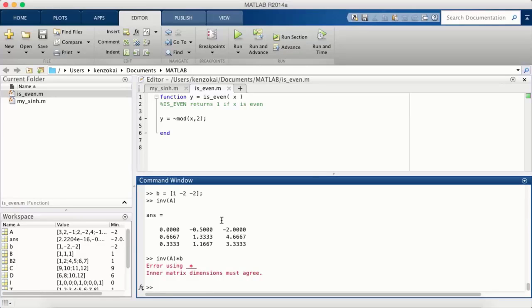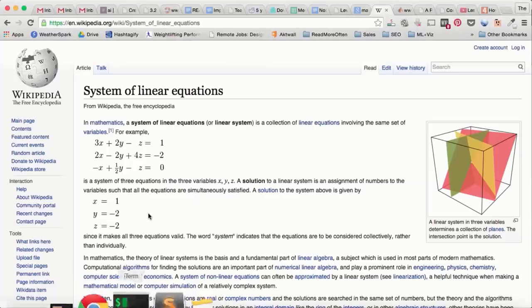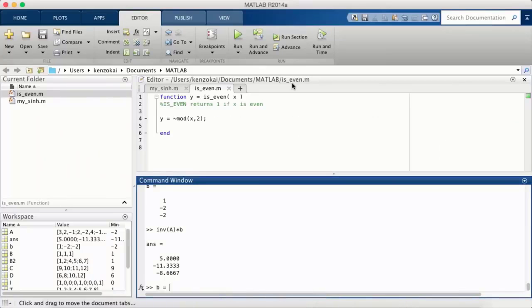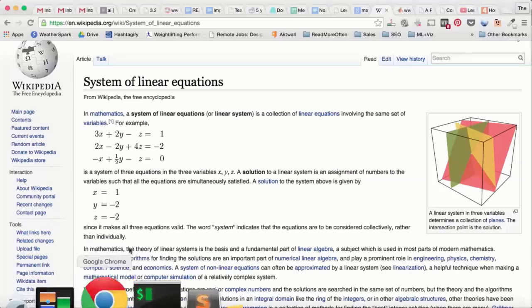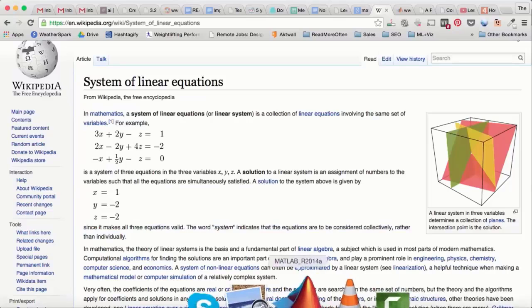Oh, and right, I have to make B a column matrix. Sorry, I used the wrong B. Okay, so inverse A times B. So I get 1, minus 2, minus 2, which is the answer given on Wikipedia.